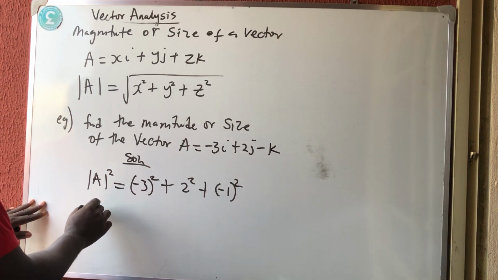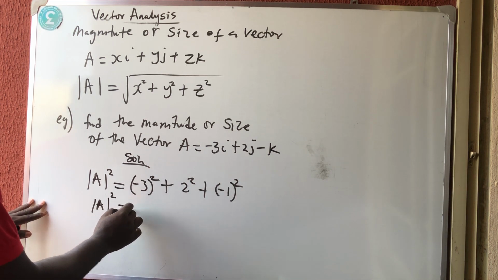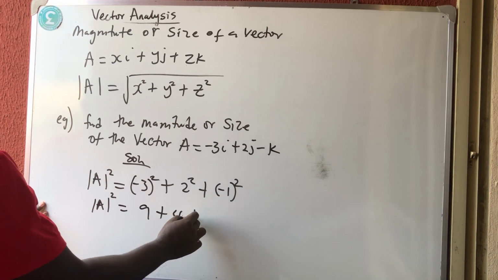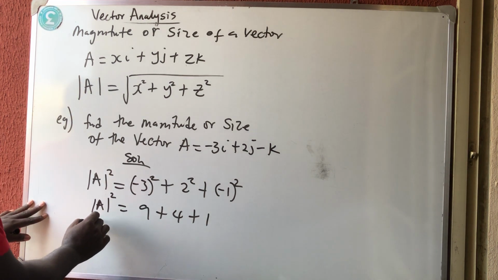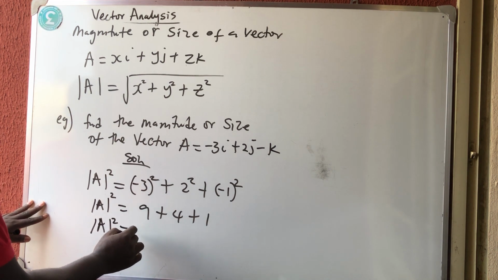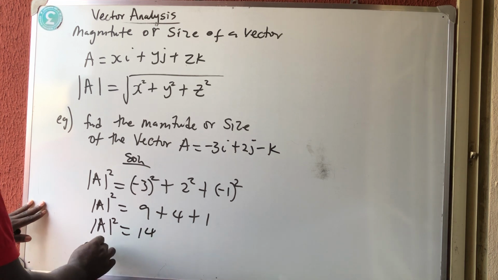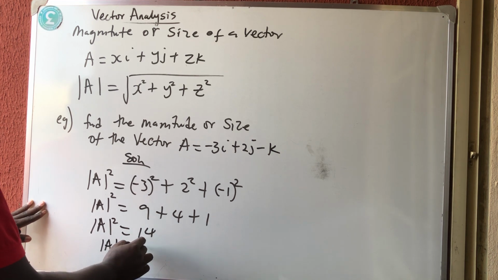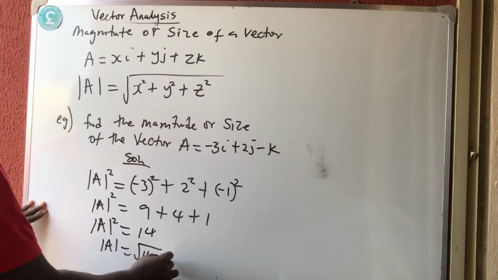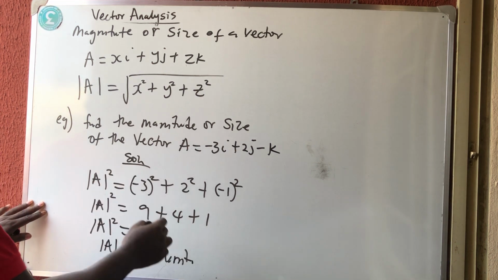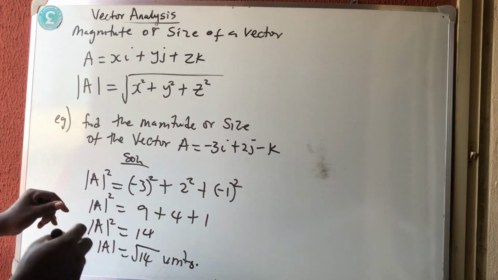So the magnitude of A all squared is equal to 9 plus 4 plus 1, which is 14. So the magnitude of A is the square root of 14 units. Okay, so that is that.